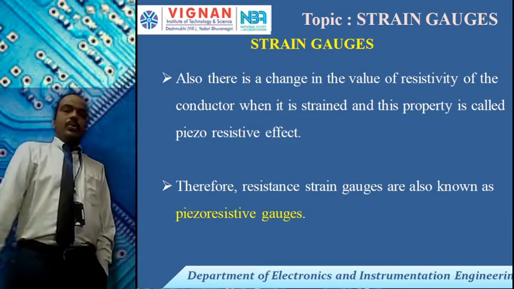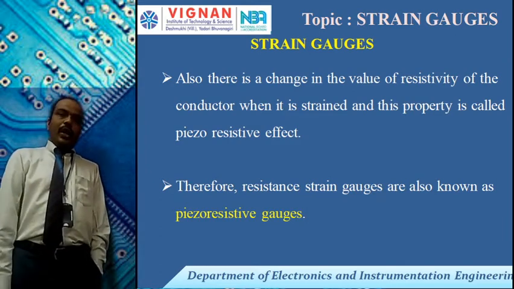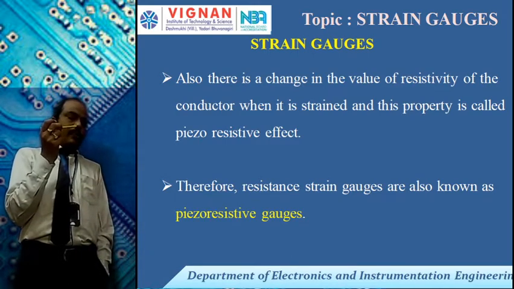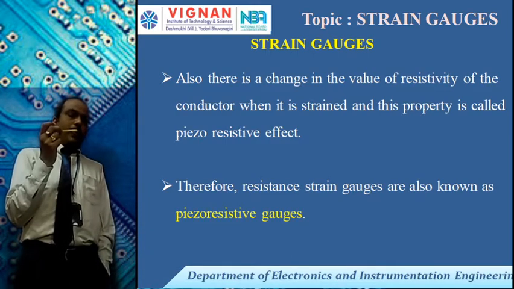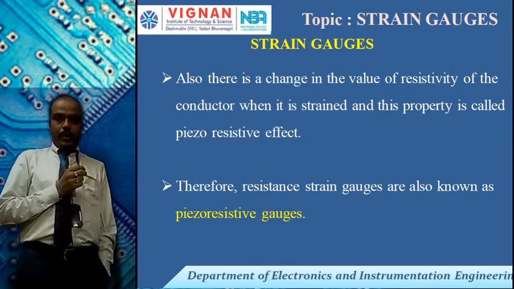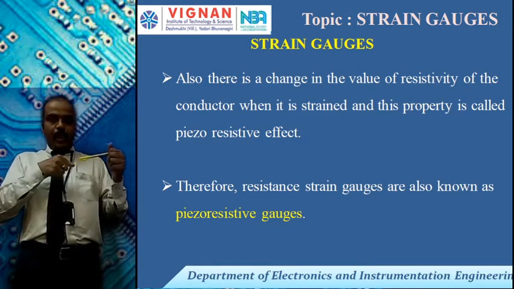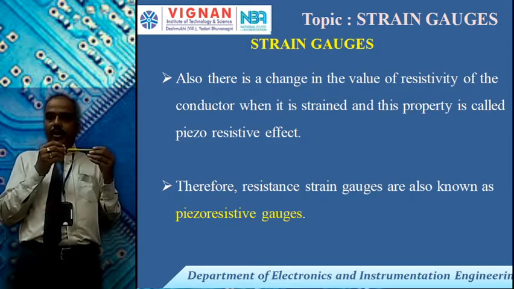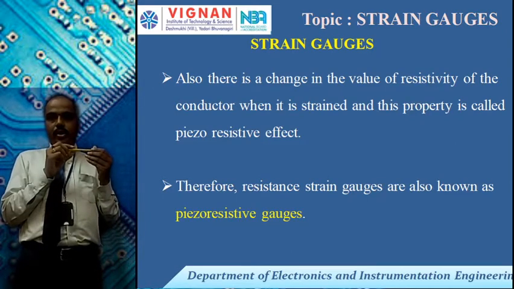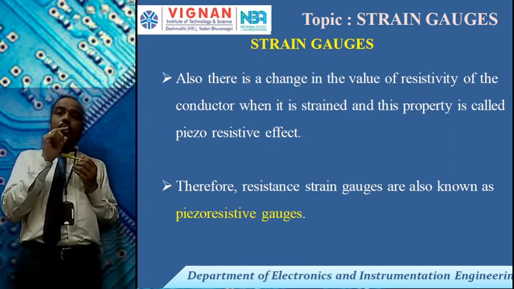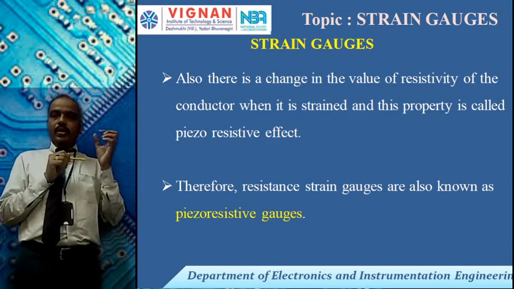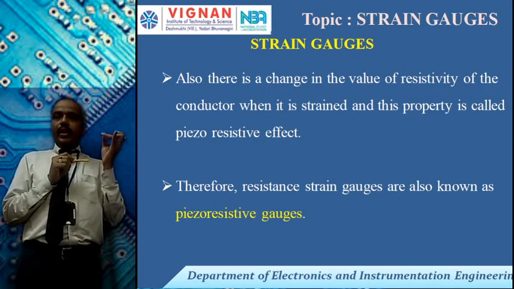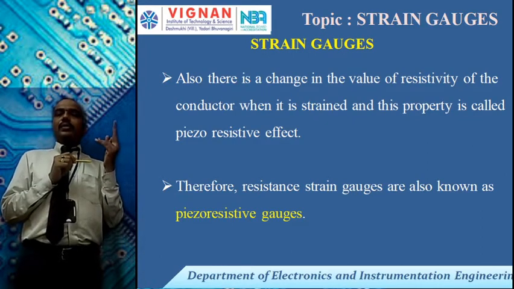Also there is a change in the value of resistivity of the conductor when it is strained, and this property is called the piezoresistive effect. When you apply the elongation force, the length of this metal conductor increases as well as the diameter changes. As we know that R equal to rho L by A, the resistance of a metal conductor depends upon the resistivity, length of the conductor and cross section area of the conductor.